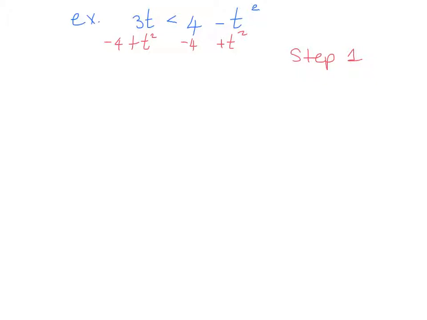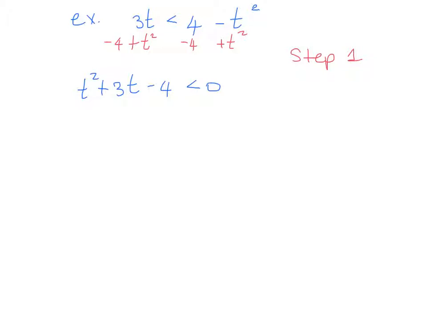And so for my first step, I get t squared plus 3t minus 4 is less than 0. All I did was order it in the way that we are used to seeing a quadratic function, with the square first, then the t, then no variable. All right, so that's step 1 done.